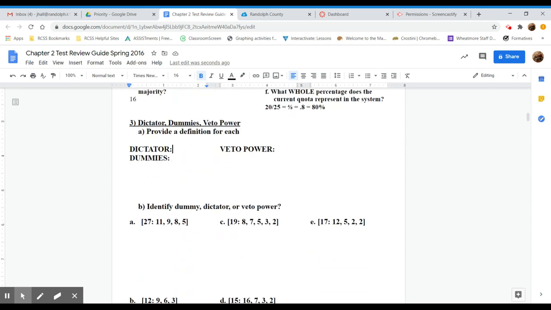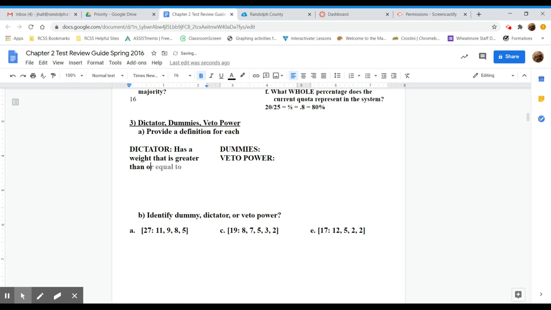All right, let's talk about dictators, dummies, and veto power. A dictator has a weight that is greater than or equal to the quota. Why is this? Because if they have a weight that is greater than or equal to the quota, then they can meet the motion without anybody else. Therefore, they are a dictator.